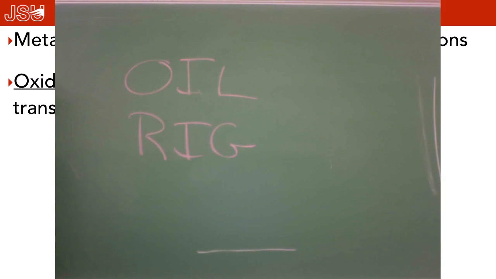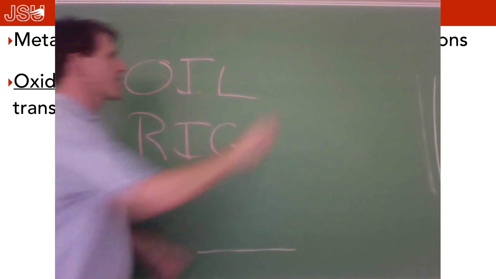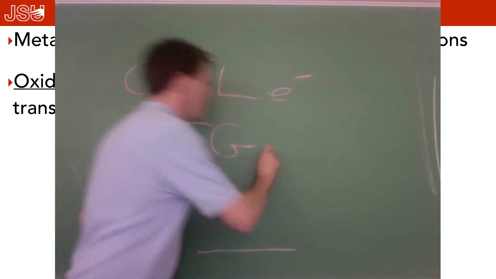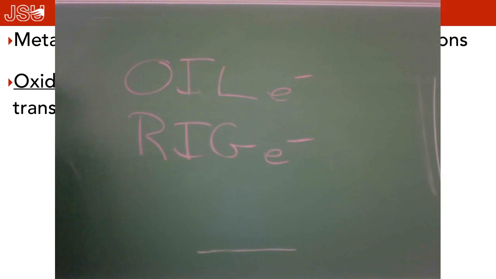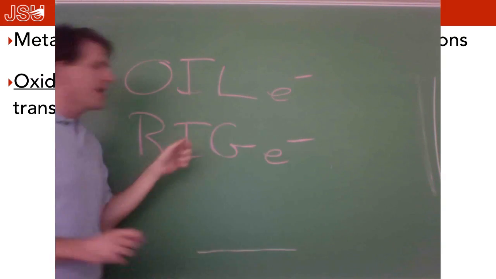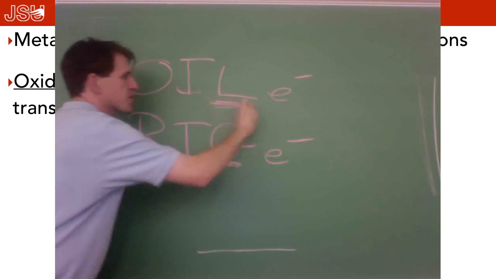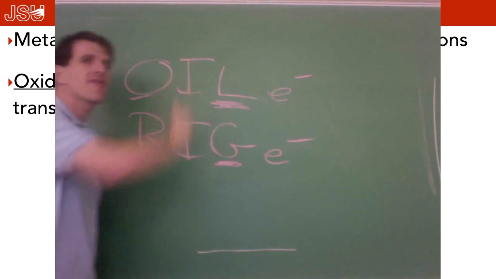Oil rig. Oxidation is loss of electrons. Reduction is gain of electrons. So if something gains an electron, is it reduced or oxidized? If something gains an electron, it is reduced. If something loses an electron, it is oxidized.